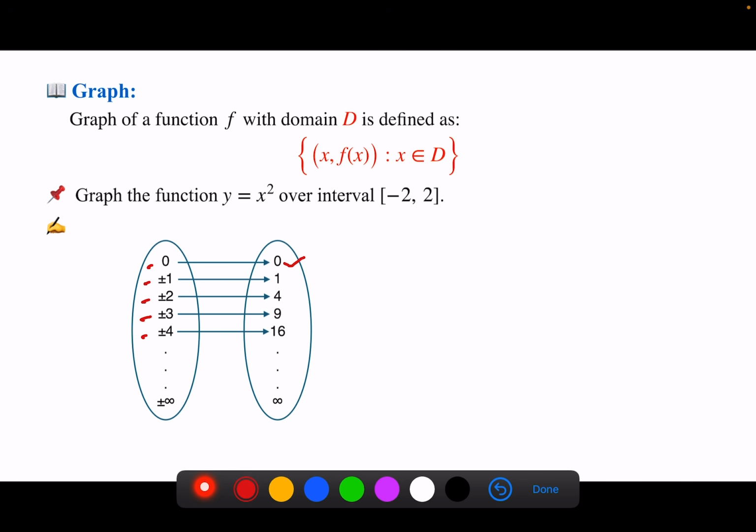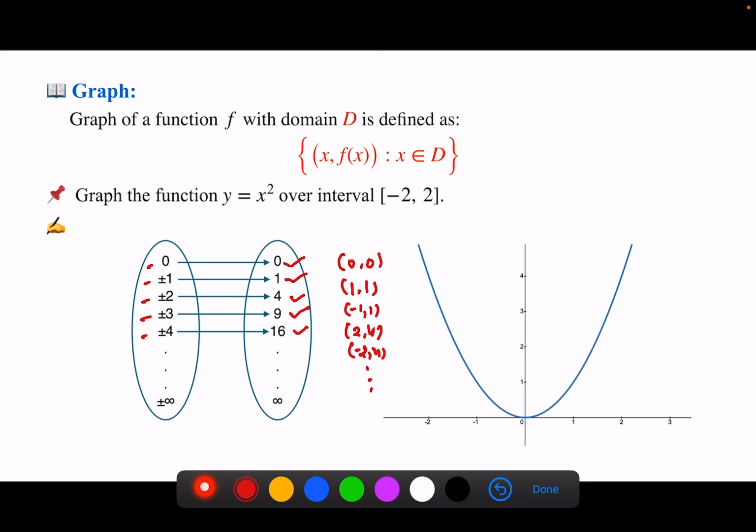For x equal to plus minus 1, y is 1. For plus minus 2, it is 4, then 9, then 16. So we get a set of points: 0, 0; 1, 1; minus 1, 1; 2, 4; minus 2, 4, and so on. Based on this set of values x, y, we draw the graph.